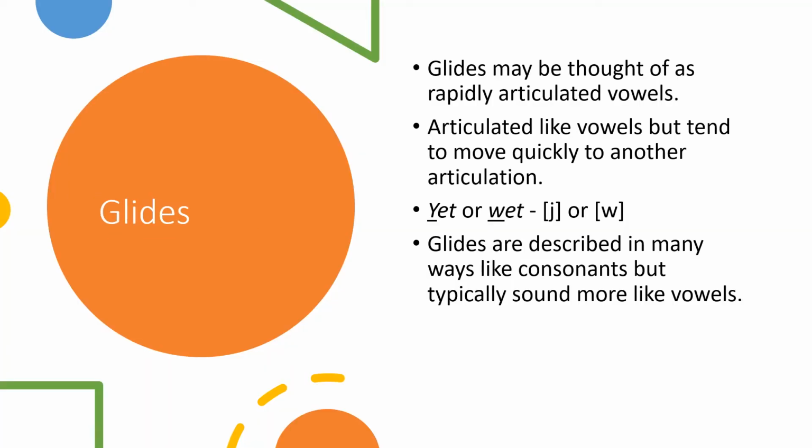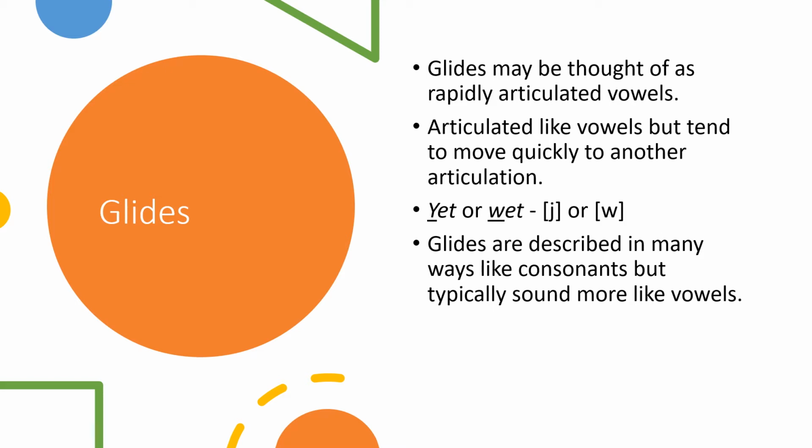Glides may be thought of as rapidly articulated vowels, but they are rapidly articulated vowels that often are treated like consonants, okay? They move quickly to another articulation. So think about the Y in yet or the W in wet. So we make that y sound, yet.